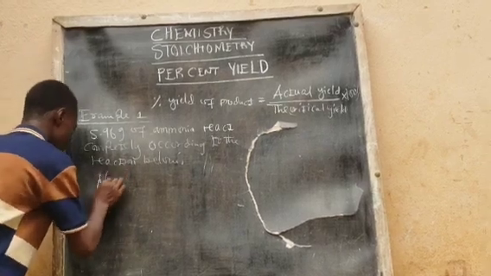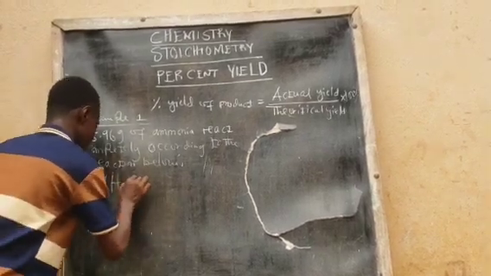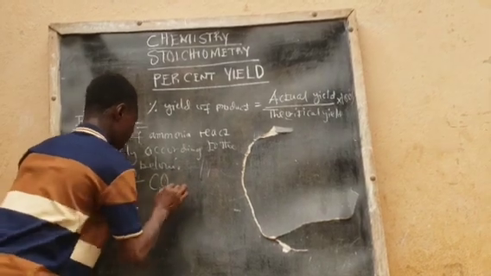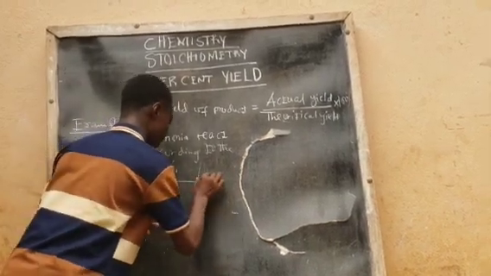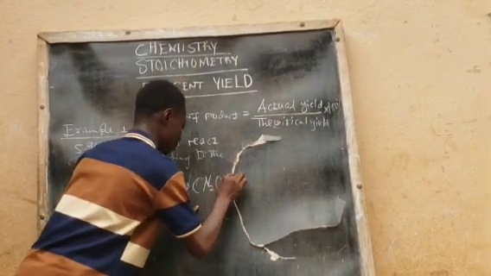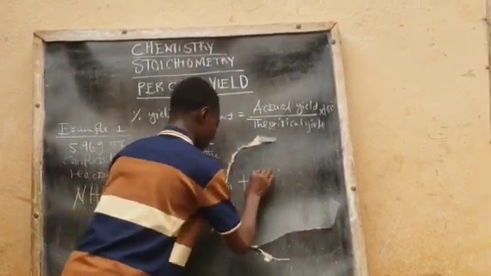The reaction is ammonia reacting with carbon dioxide to produce urea and water.